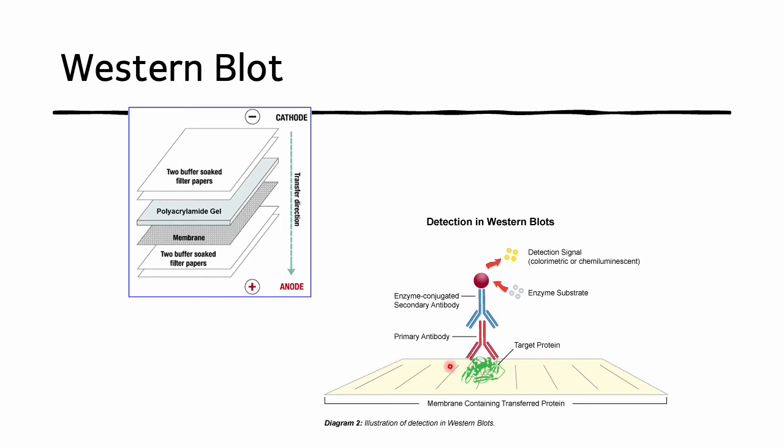To inhibit this unspecific binding of the antibody to the protein, we coat the membrane with BSA or the many unspecific proteins in skim milk.